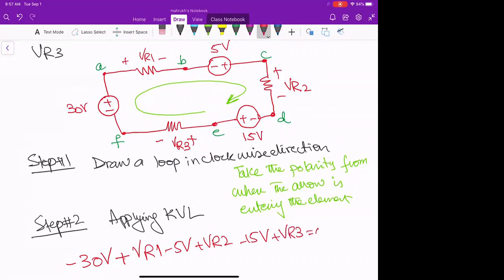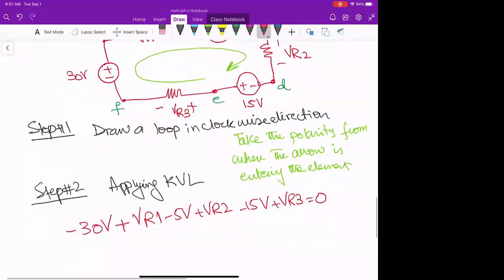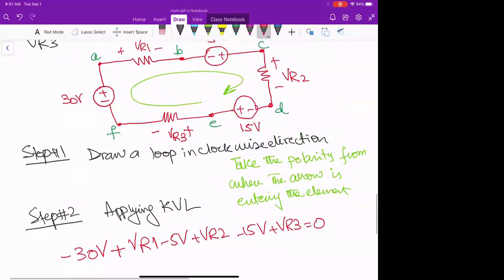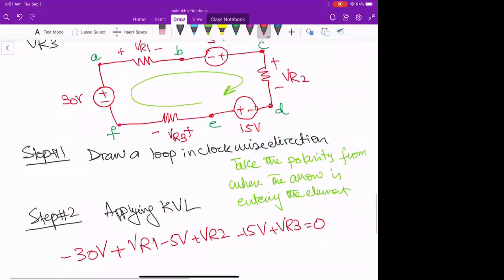So we covered all voltages in a loop. Is it right? Do you think that it's following the arrow entering into the element sign, all of them? No, it's going the other way around, right? What is going the other way around? The arrow.